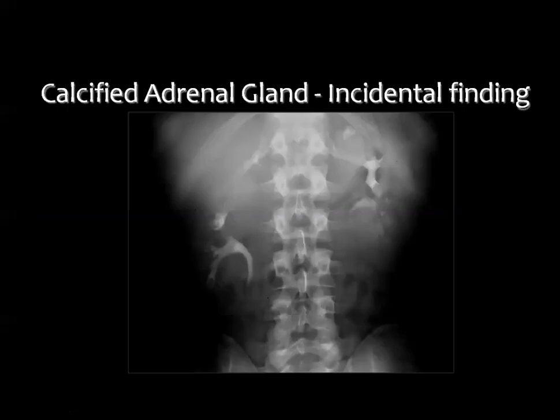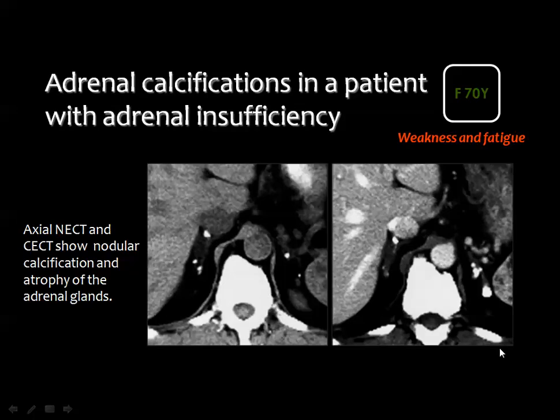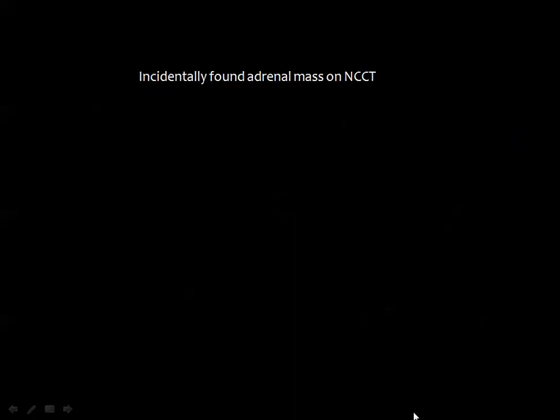And in the era of intravenous urography, sometimes you can see calcium in the suprarenal glands as an incidental finding with no previous complaints. And this is a patient with adrenal insufficiency showing multiple calcific foci in both suprarenal areas.